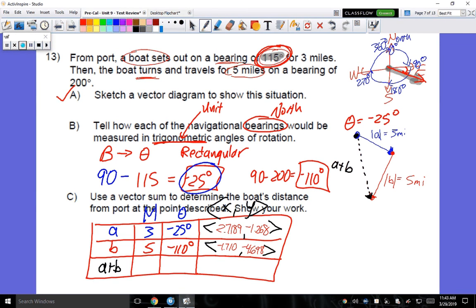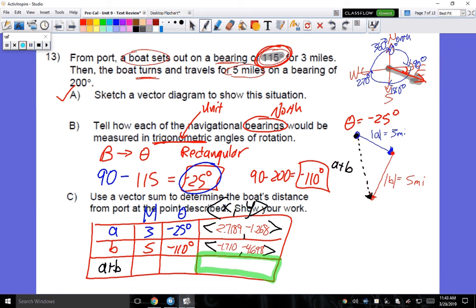Now we're going to add these vectors because, again, our resultant is the most important thing, because then we'll work backwards to get those other two pieces. So let's see what we get. 2.7189, and I see that I put that to 4 decimals. No worries, 2.719 we'll round it to.